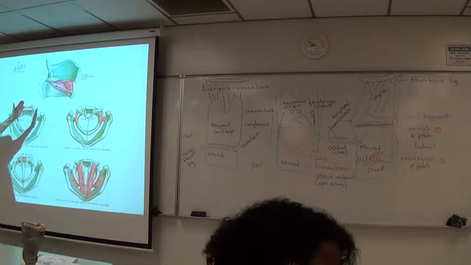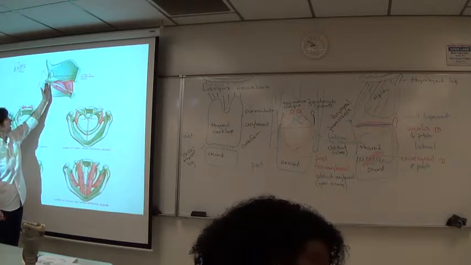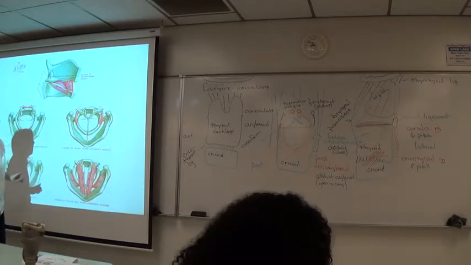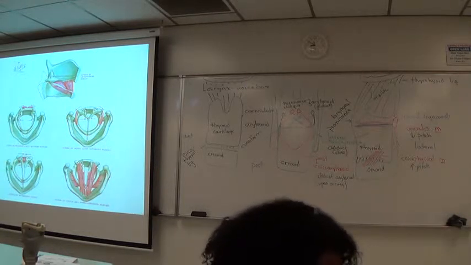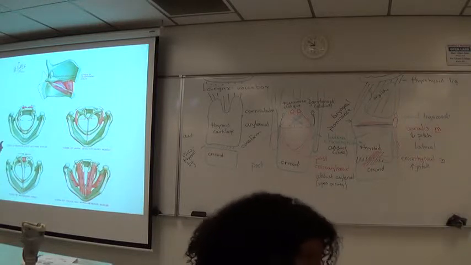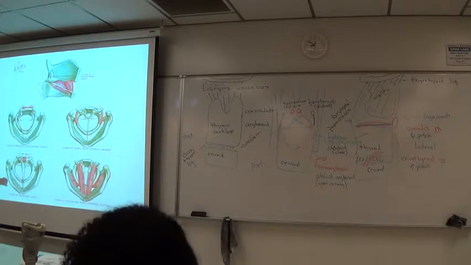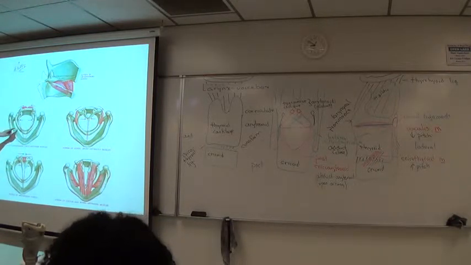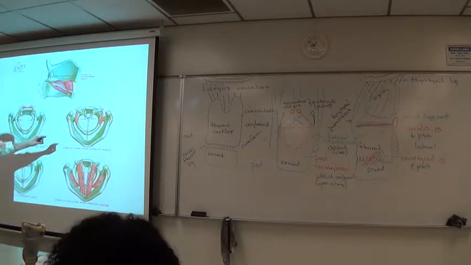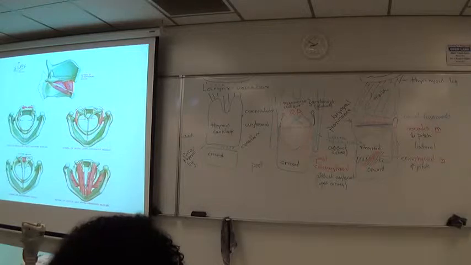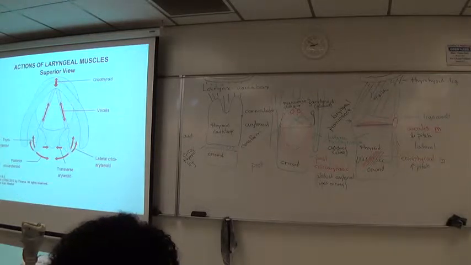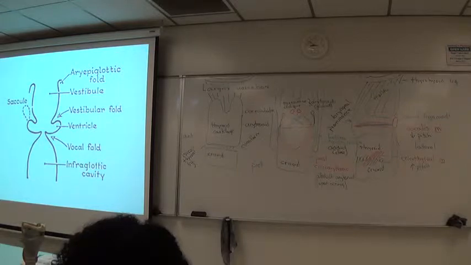You can see the cricothyroid tilting, creating an increased space and tension on the vocal muscles. The posterior cricoarytenoid opening, and the lateral closing, and the vocalis connecting them like that. Another view here.